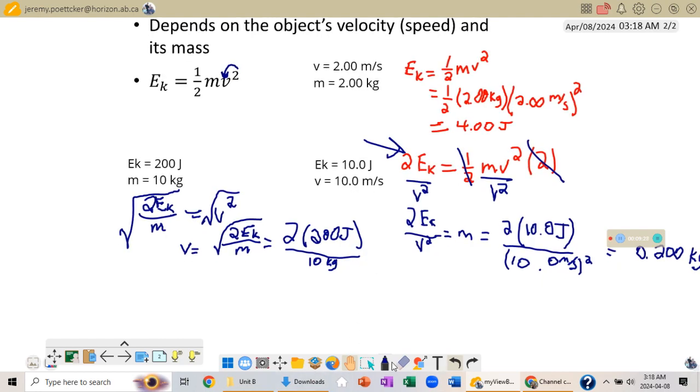And then the whole kit and caboodle gets square rooted.